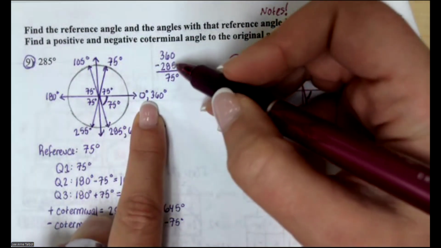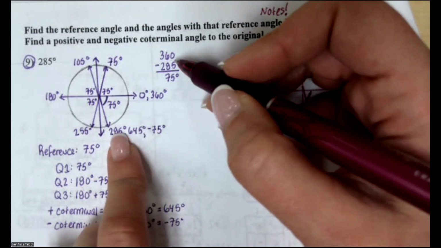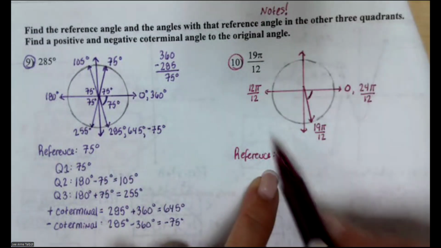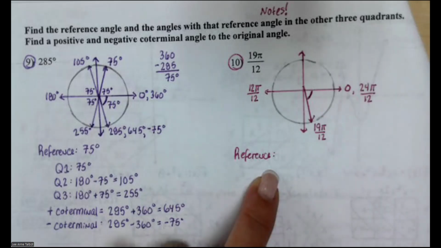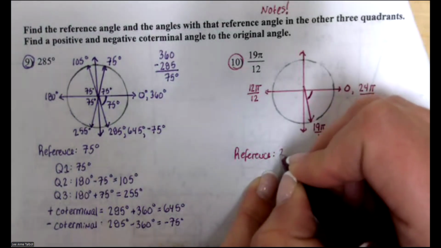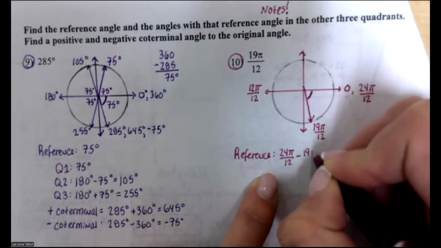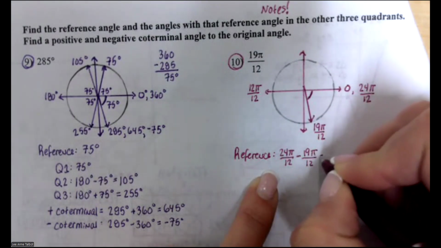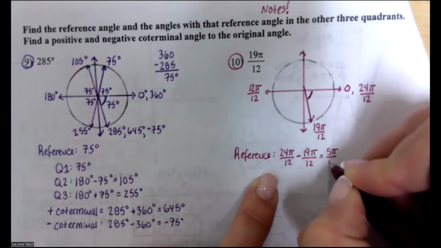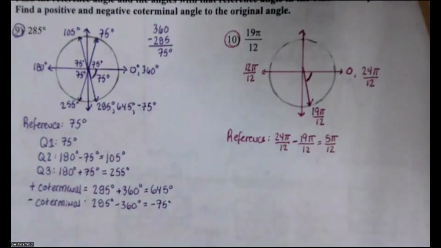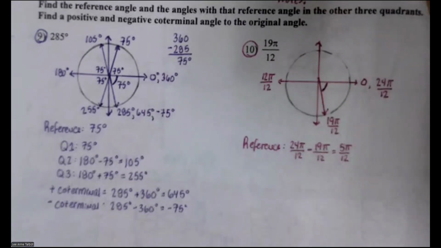So I found the reference angle by doing 360 minus 285. Okay, what represents 360 on my picture here? 24, great. That means that my reference angle is 5 pi over 12.